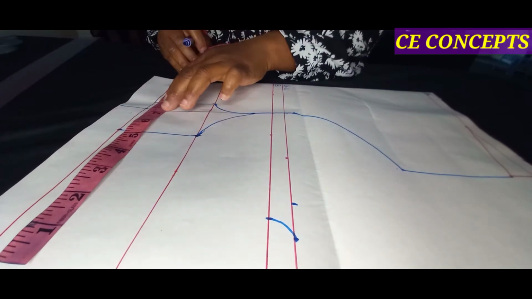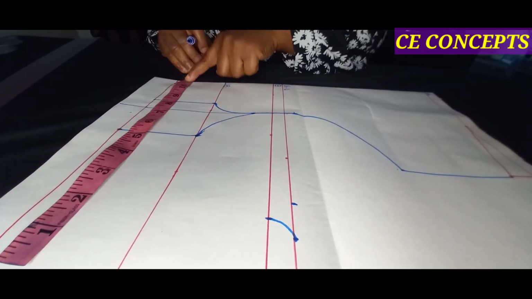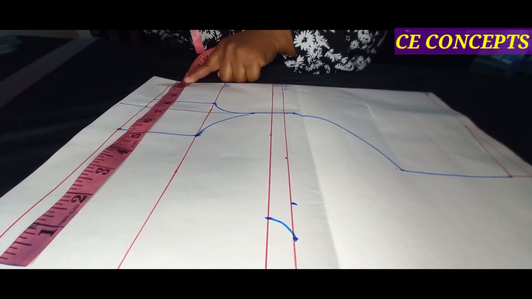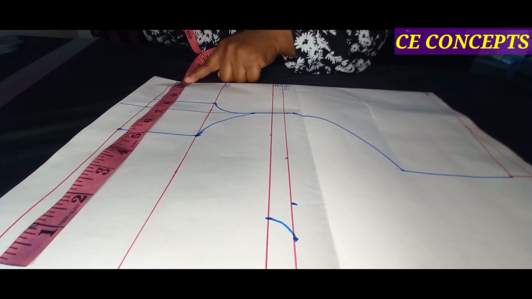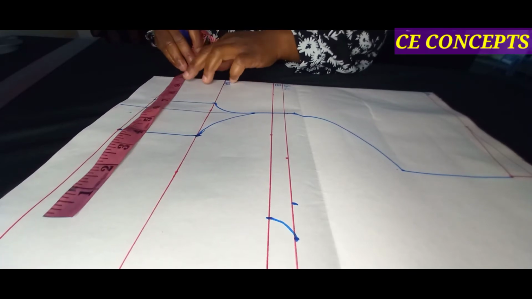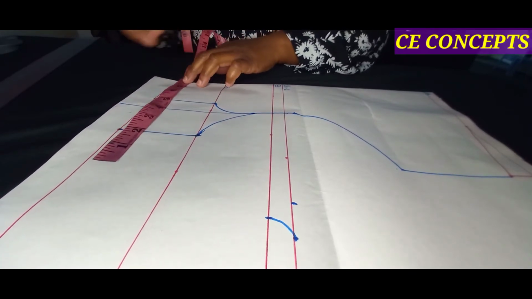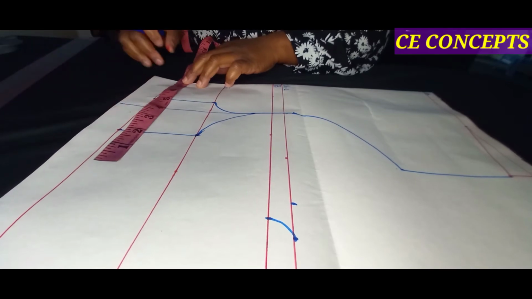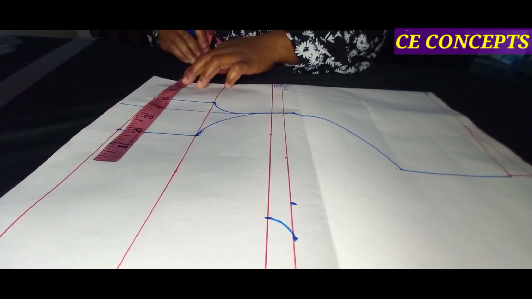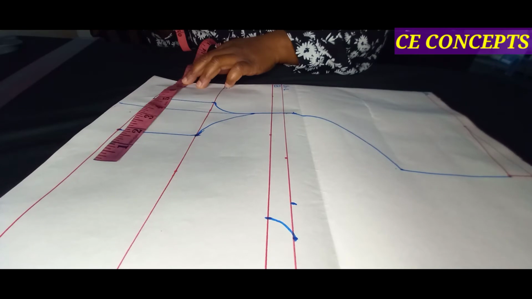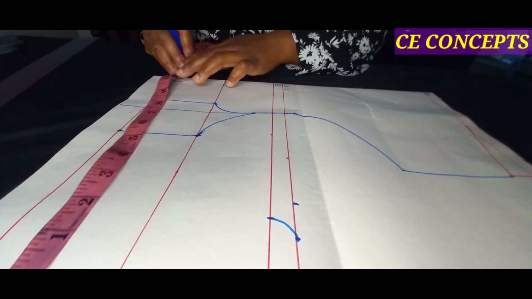Then the waist, the circumference of our waist is 32, divided by 4, that gives us 8. So 1/4 of my waist now will be 8, plus the 3 we took away from here, that gives us 11, plus 1 we are going to join it with, that gives us 12.